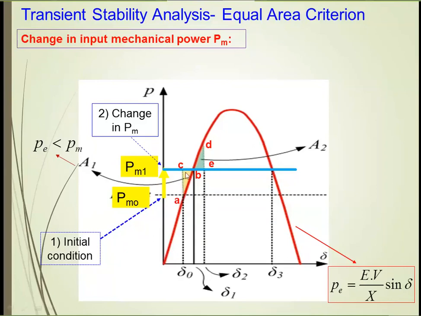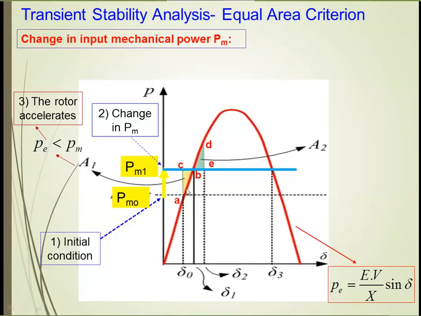Now this is area 1 here. And in this case, from the relationship of the swing equation, PM minus PE, PM is greater than PE, so the accelerating power PA is positive, and as such, the rotor will accelerate here.